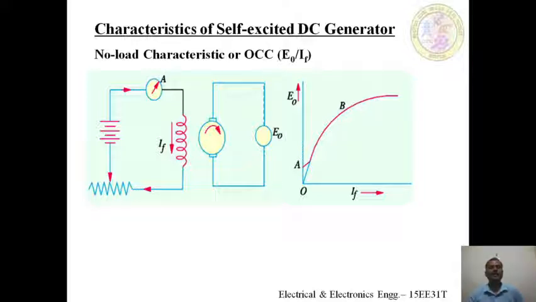That is, by disconnecting the field winding from the machine and connecting it to the DC source, the field current can be varied with the help of a rheostat, and it is measured by an ammeter connected in the field circuit. The machine is driven at constant speed with the help of a prime mover, and the generated EMF is measured by a voltmeter connected across the armature.